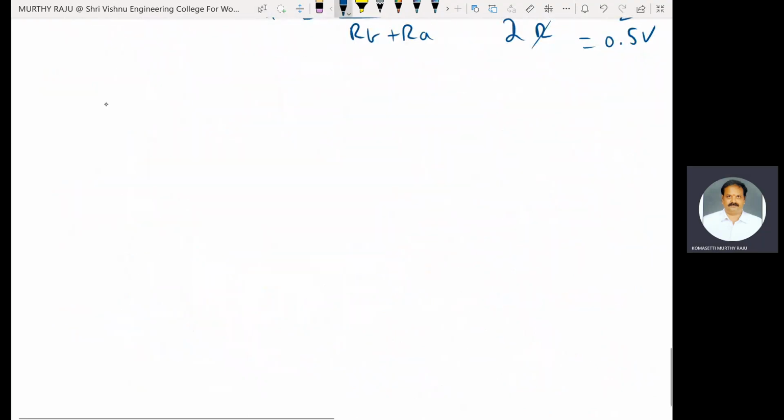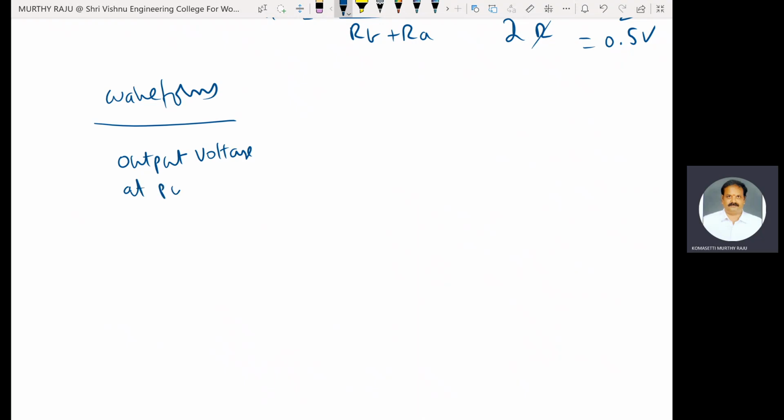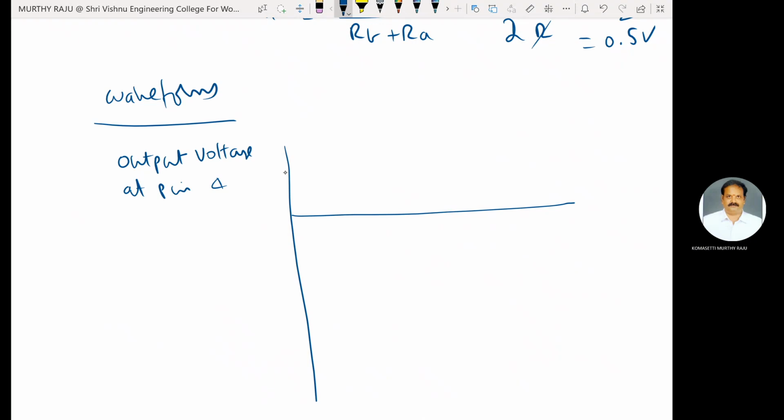In the waveforms, the output voltage at pin 4 is this one, the capacitor voltage. Here, Schmitt trigger.